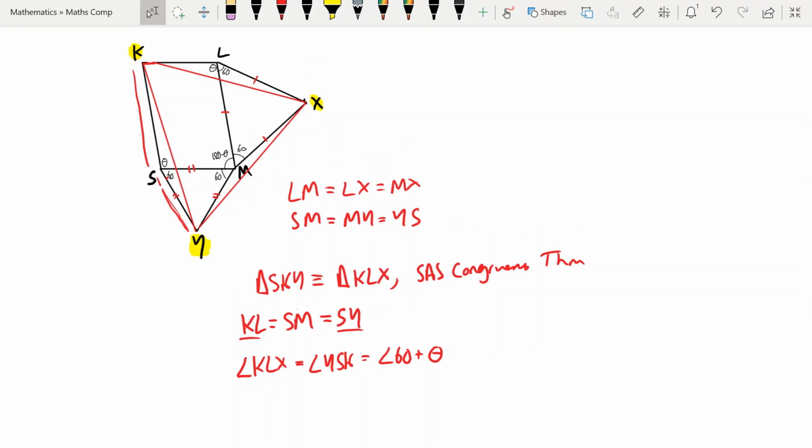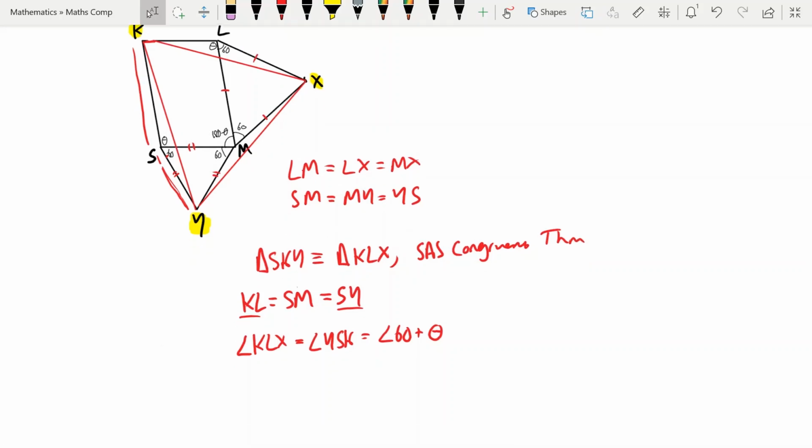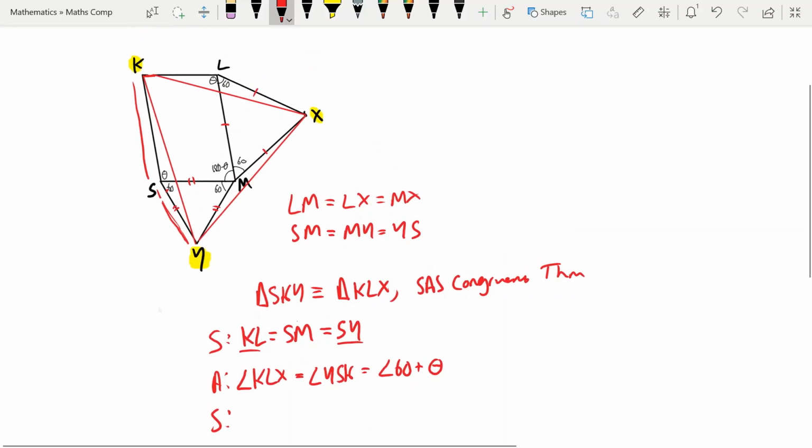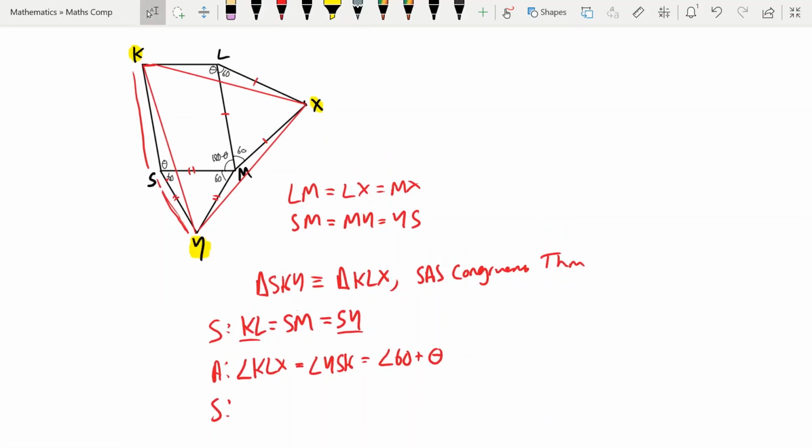And the third sides, which are LX and KS, are both equal. We can say this because here's one side, here's one angle, and the third side is equal because LM, which is this side here, because it's an equilateral triangle, is equal to this side here, and because it's a parallelogram, it's also equal to this side.